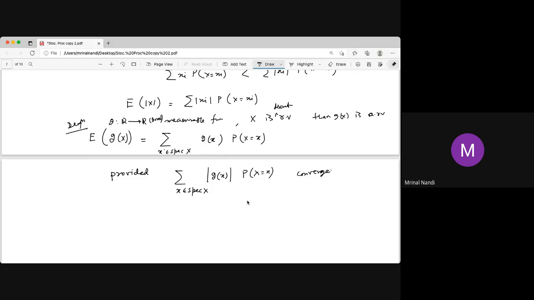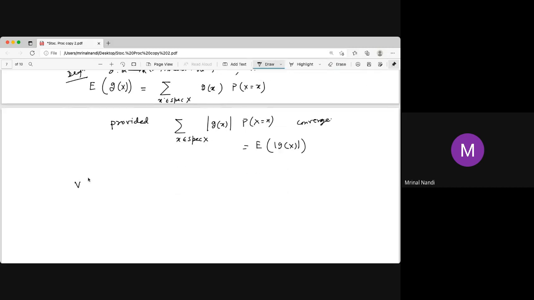If this does not converge, even if the summation of g(x) probability of X equal to x converges, we can't say this is the expectation of g(X), because expectation of mod g(X) does not converge. Otherwise, if you rearrange the terms, your expectation of g(X) will be different for different rearrangements.